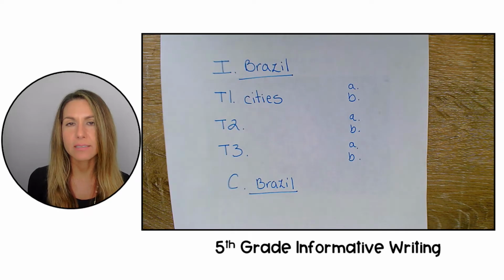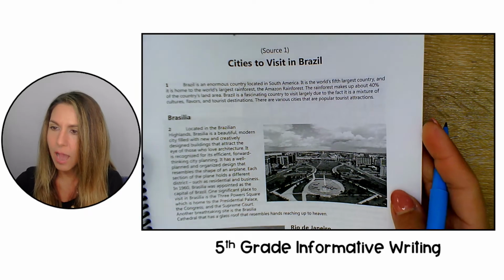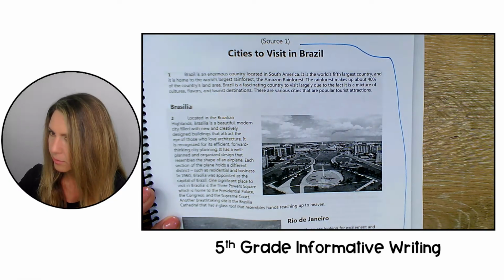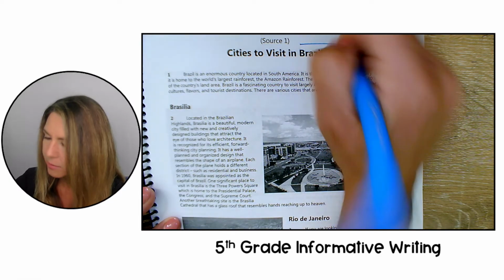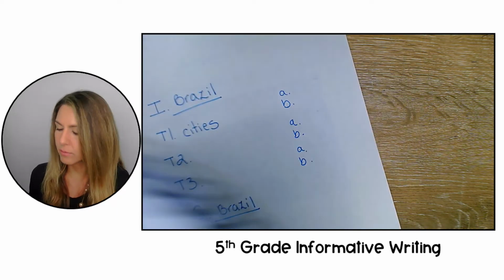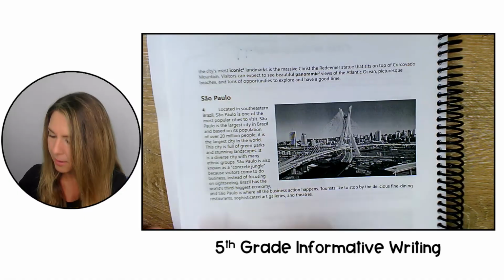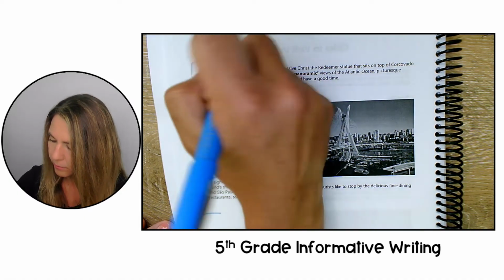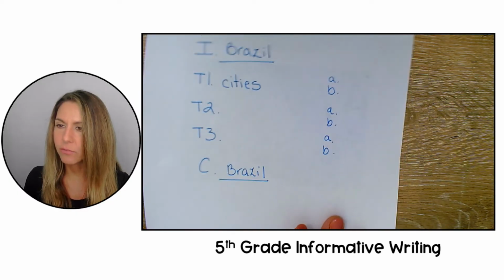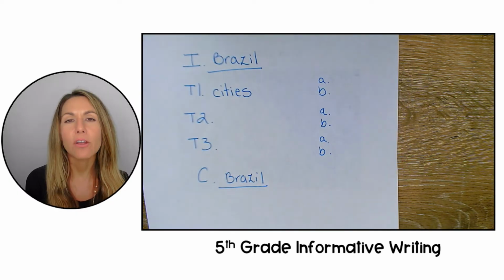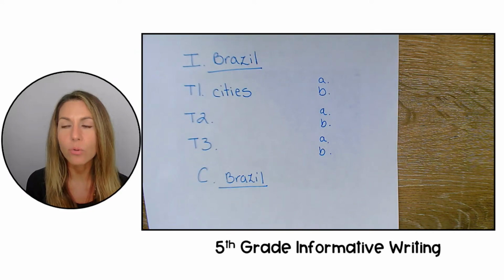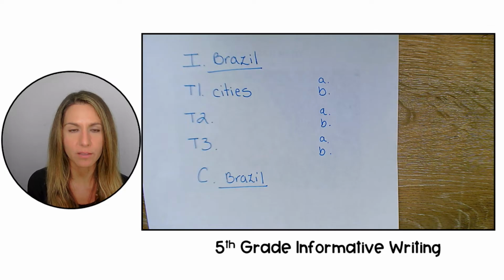Since I have selected cities to be my T1 topic, I am going to box the information in the passage set that is about cities. This is going to help me later when I'm getting ready to write my paragraphs. Okay. Now the next thing I'm going to ask myself is, are there any details about cities in the passages, or are there any examples of cities?